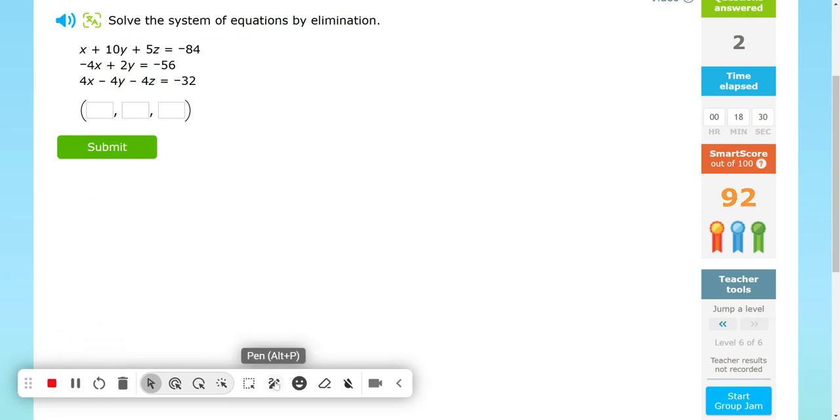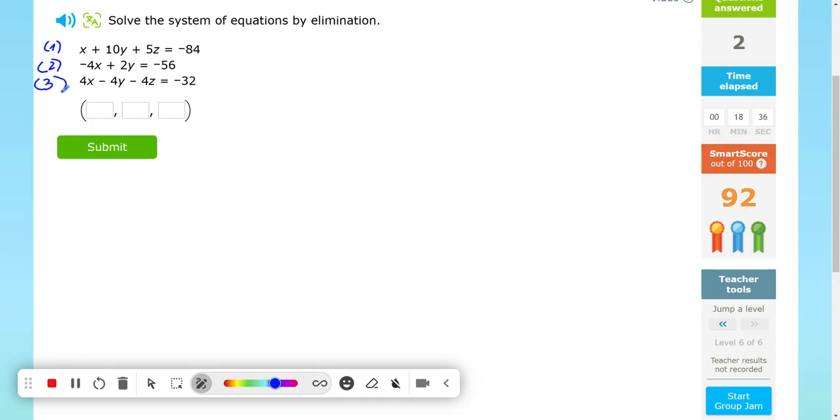So, first step, I would name the 3 equations 1, 2, and 3. Now take a look over here. You can see equation number 2 has only 2 unknowns, x and y, no z. So I have to use equations 1 and 3 and try to eliminate the z. This is 5z, this is negative 4z.